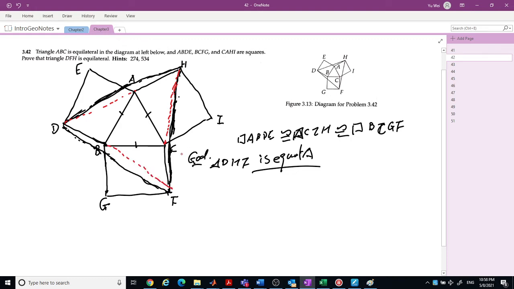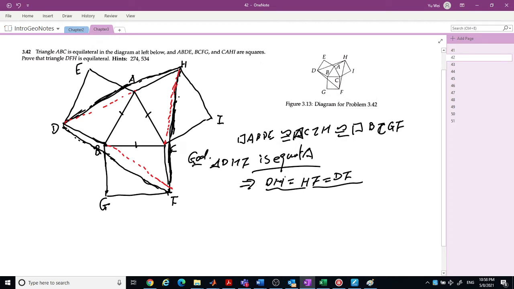The concept is this: in order to prove the triangle is equilateral, this is how we're thinking, and when you write, you need to write it in the opposite direction. We need to prove that DH equals HF equals DF.